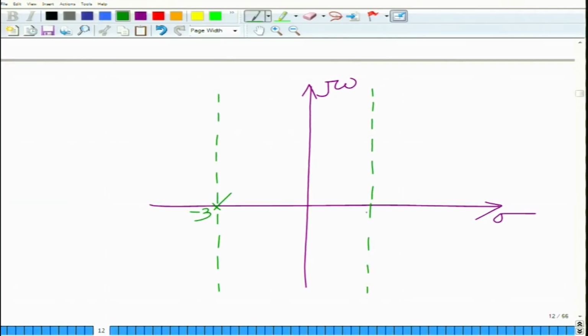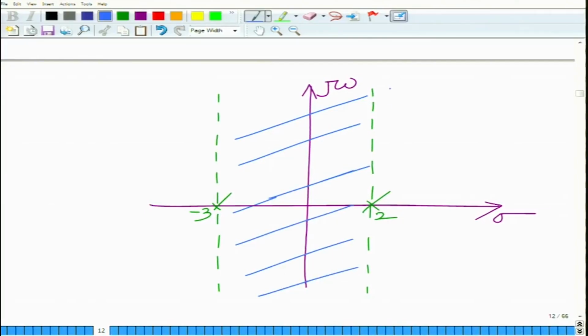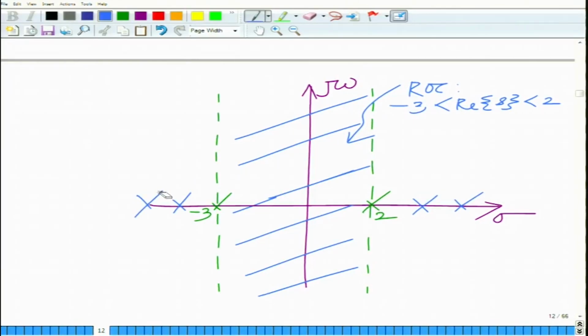This is the other pole, and the ROC is the strip between these two: minus 3 less than real part of s less than 2. Any other poles can only lie outside the ROC. And this is basically a vertical strip.